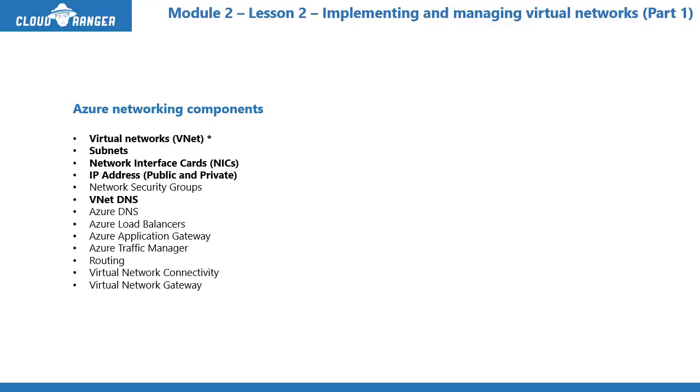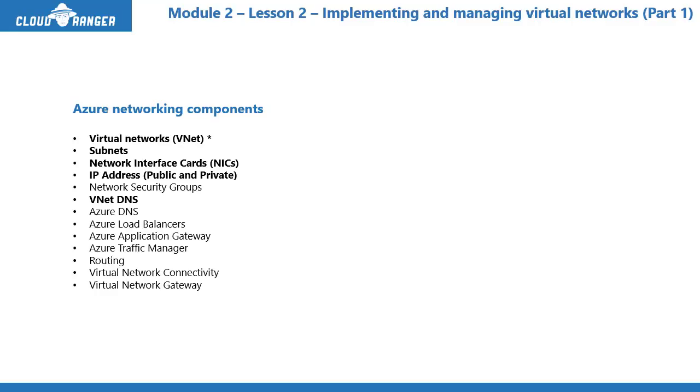You're ready? Okay. In the previous lesson, we talked about Azure's networking components, and I copied and pasted that in this slide. All those components are the ones we went over. The ones in bold are the ones that we are going to go over and build today. The virtual network or VNet has an asterisk because that's what today's lesson is all about.